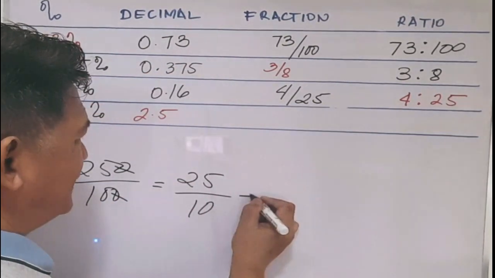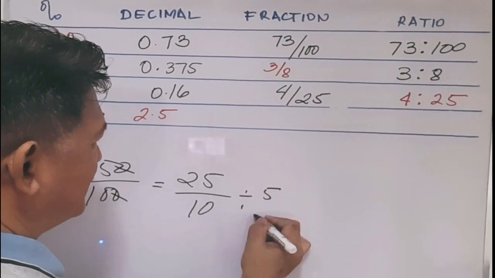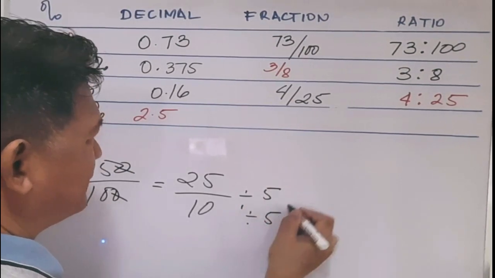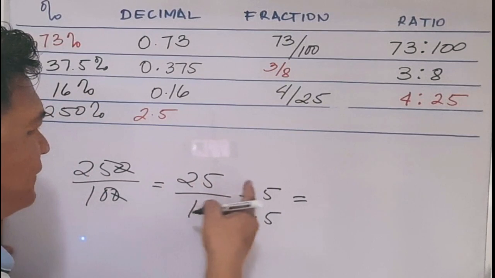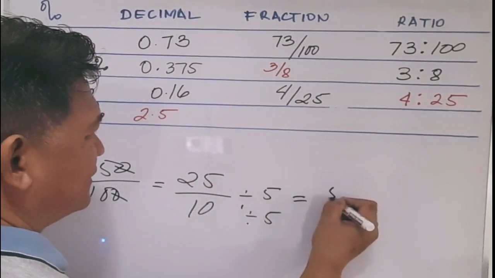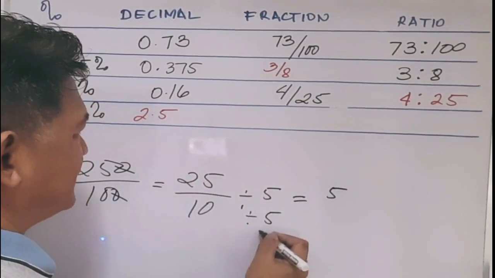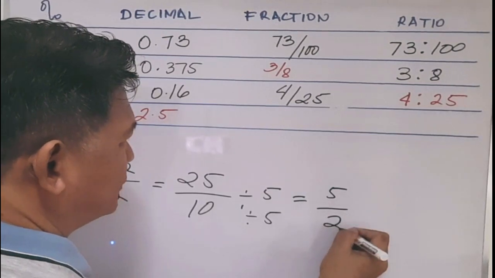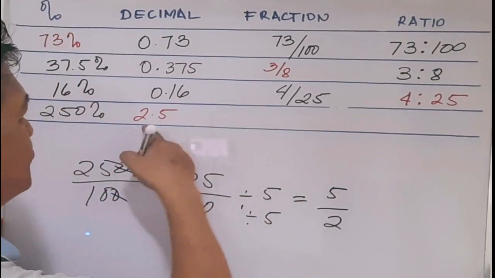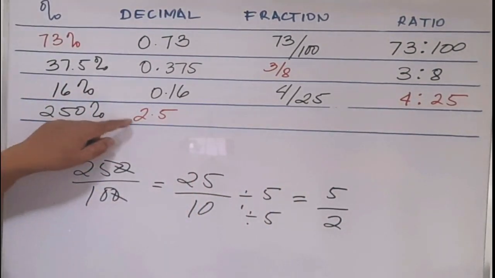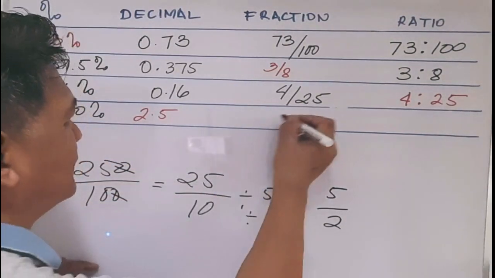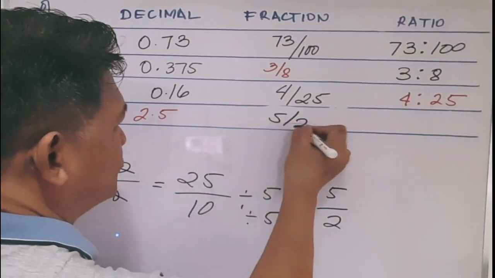We divide this by 5 and this by 5. 25 divided by 5 is 5. 10 divided by 5 is 2. So 2.5 into a fraction is 5 over 2.